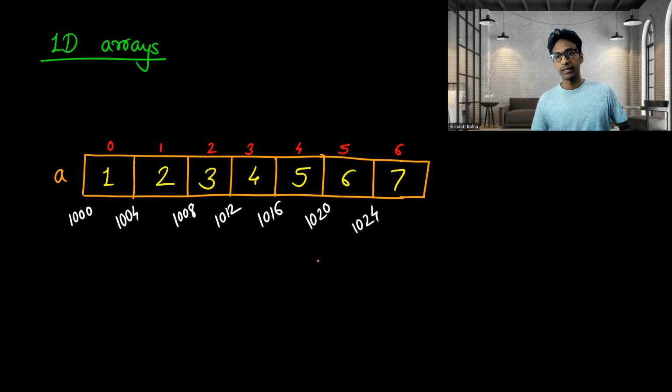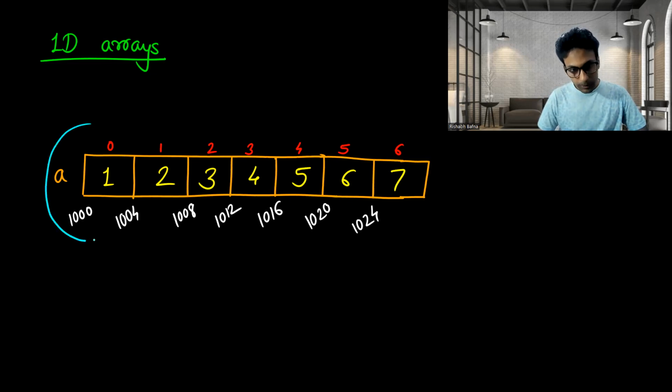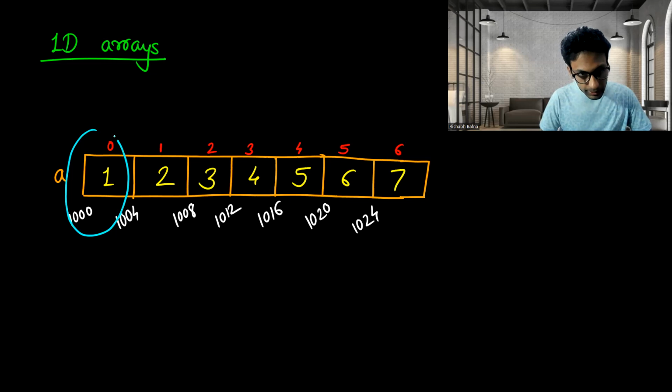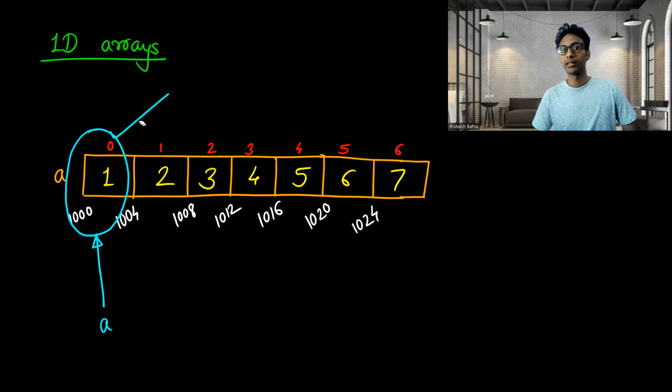Okay. Now, I want all of you to concentrate properly from this point onwards. See, array name without subscript indicates the base address of the 0th element of the 1D array, isn't it? If you put a star, you'll go one level inside.